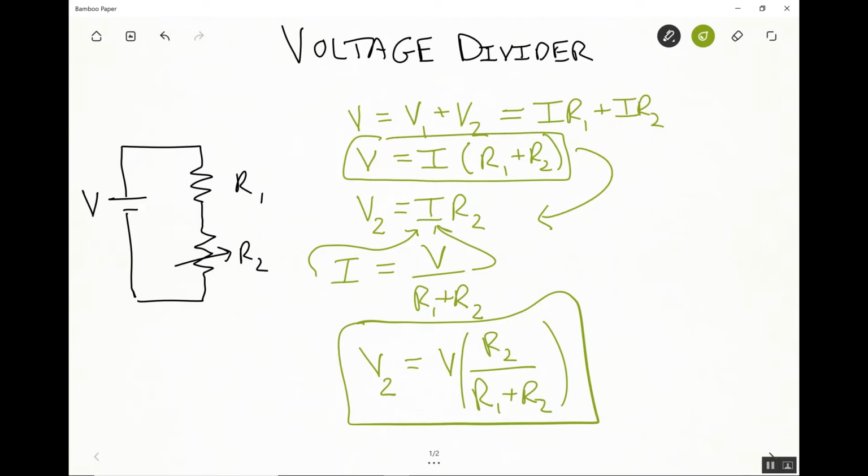And then if we plug that in right there, we get a voltage divider equation, which says the voltage utilized by resistor 2 is going to equal the total voltage supplied to the circuit times R2 divided by (R1 plus R2). Put that in parentheses to make it more clear. So again, all I'm doing is just substituting this in for I up here.